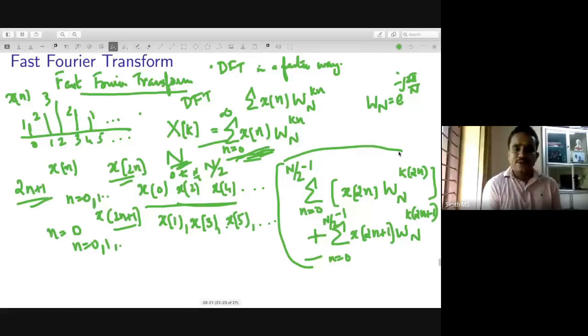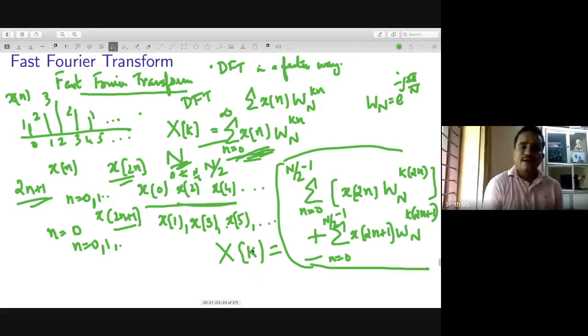Basically what you're going to find is the DFT of the signal xn, which you can split like this. Now, if this is the case, let us split this again. This can be written as, or the second term.